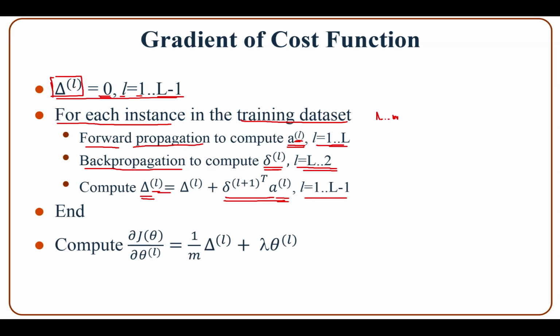And finally, after the loop, you get delta for layer L divided by M, and it is the non-regularized cost function derivative with respect to theta for layer L, and this is the regularization term.